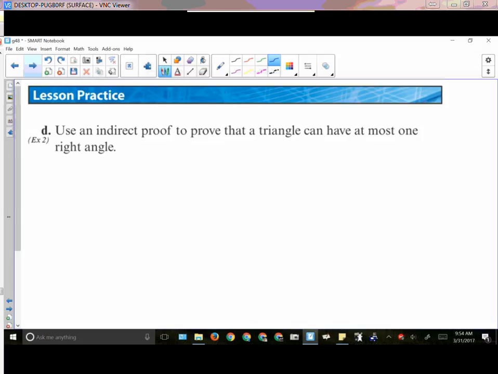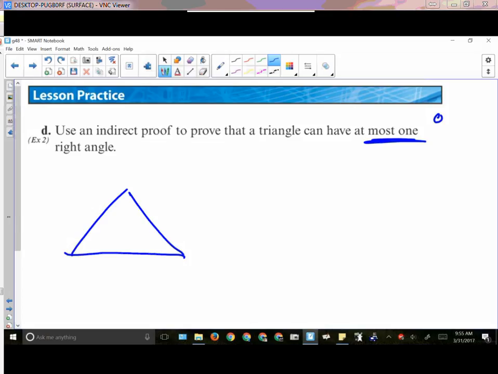So if I draw a triangle, it looks like this, but it says at most. Okay, so that means that this would have to be 0. Would that work for us? A triangle can have at most. But I made a triangle, right?